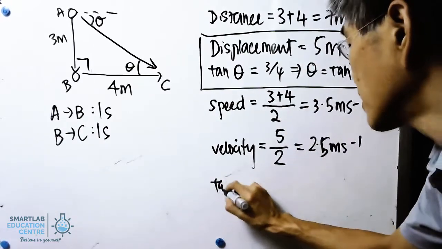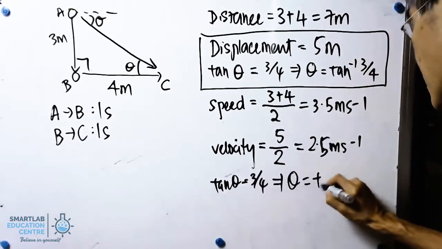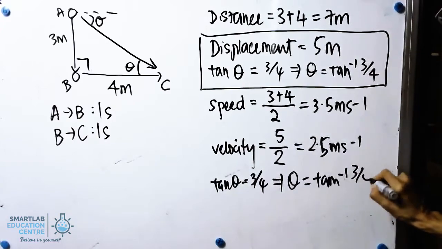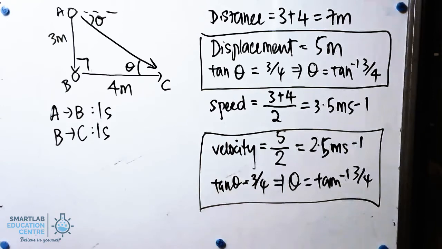And similarly, tangent theta, the direction, will be 3/4, implying theta is tangent inverse 3/4. So this is a quick example to contrast the difference between scalars and vectors.